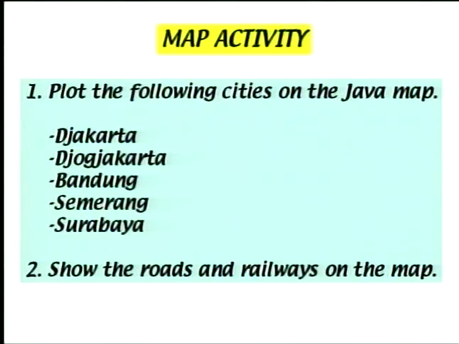So first of all, plot in those cities on Java, and secondly, use the map on page 6 to show also the railways and the road system on that island. Okay, with those activities, that will also bring us to the end of our lesson.